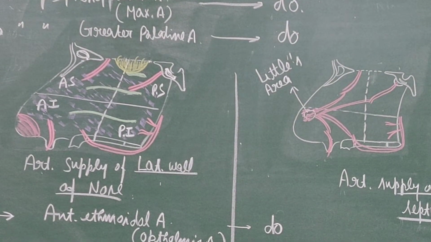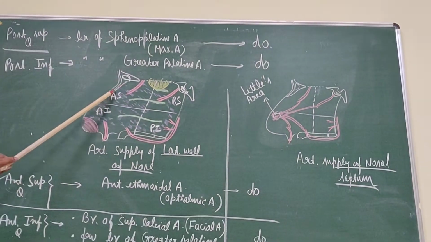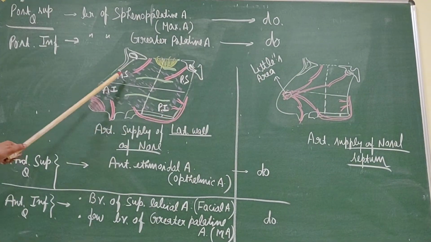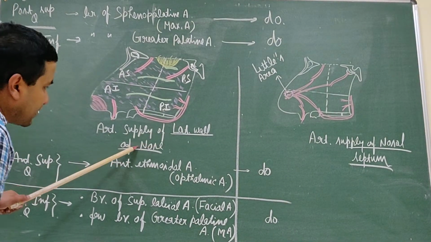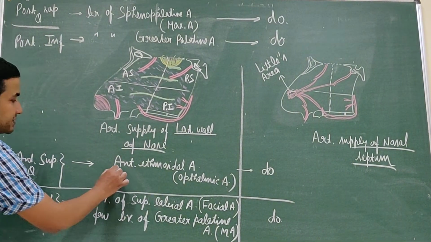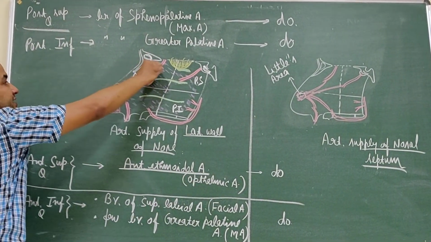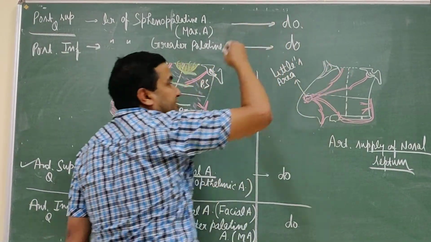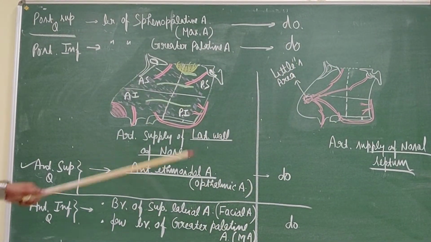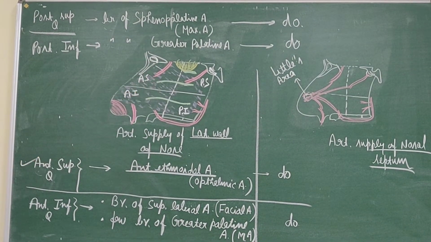Now, the arterial supply of the anterosuperior quadrant on both sides. The anterosuperior quadrant of the lateral wall of the nose is supplied by the anterior ethmoidal artery. These are the branches of the anterior ethmoidal artery supplying the anterosuperior quadrant.